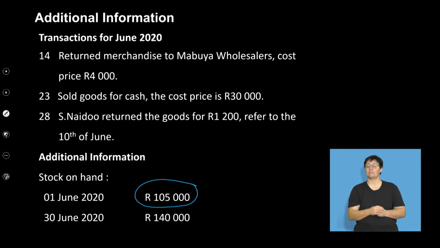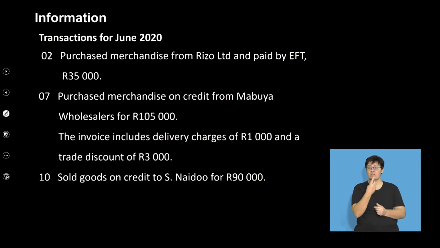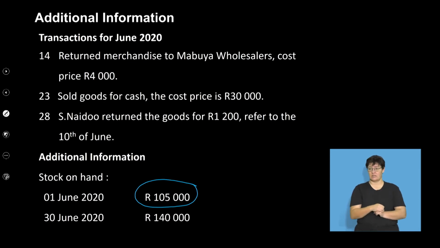In terms of my purchases, here we go. The first item we have here, purchased merchandise and paid by EFT, that was 35,000. So if we take that figure of 35,000 Rand, right, and then let's go back to the previous one, we have additional information here.